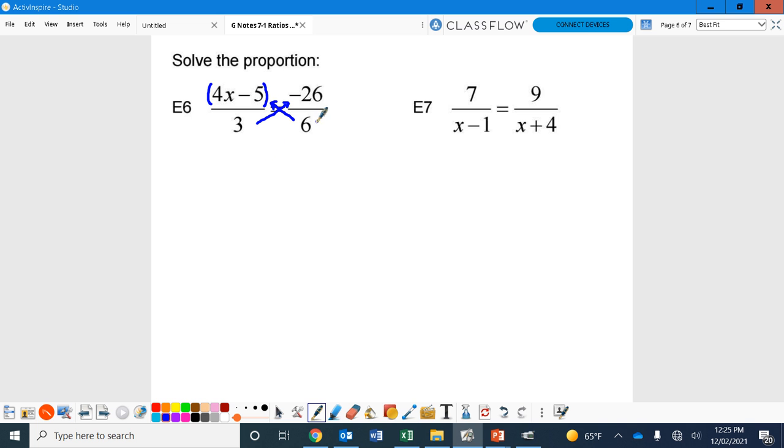So I've got to distribute that 6 to the 4x, which is going to be 24x, minus 6 times 5 is going to put me at 30, equals, what's 3 times negative 26? Negative 78. There we go. So 3 times negative 26 is equal to that negative 78. Good.